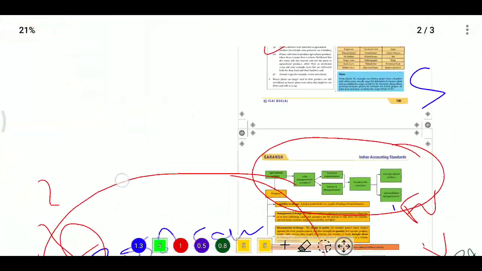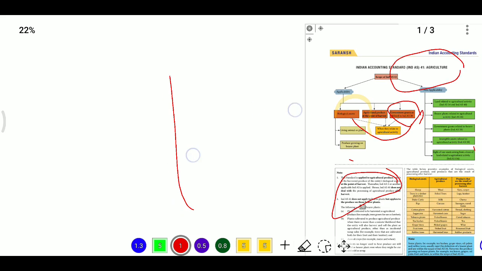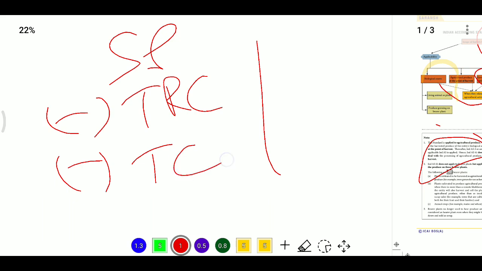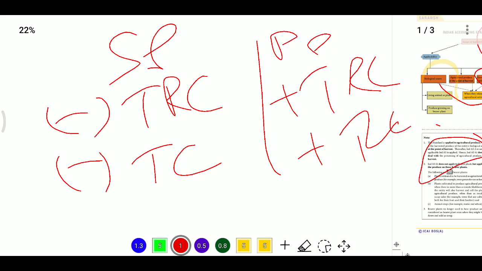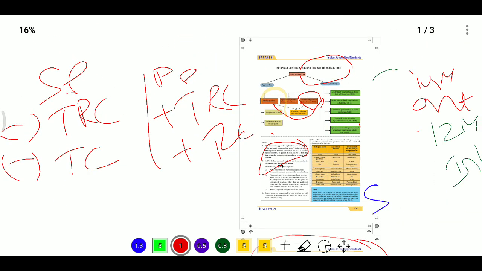If it is fair value less cost to sell, we take the sale price minus transportation cost minus transaction cost. If it is the purchase price of the biological asset, it is the purchase price plus transportation-related cost plus transaction-related cost. For subsequent recognition, the biological asset is remeasured at every reporting period.